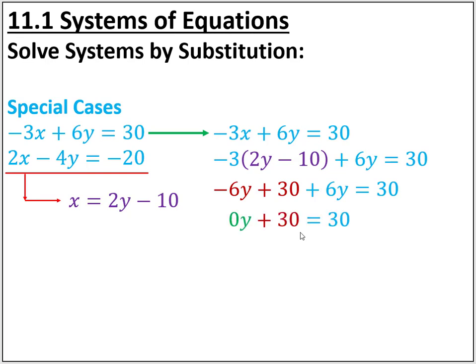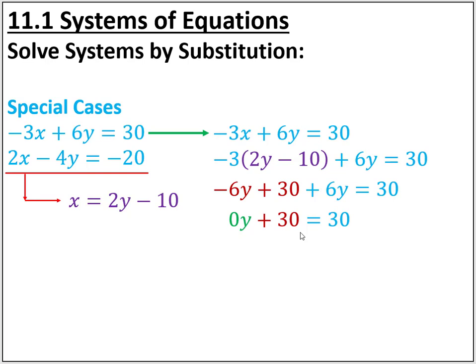That gets me 0y. Normally when something cancels out, you don't keep it when solving an equation. But here, I'm going to keep the 0y and use it to help explain the special cases. So I combine the y's, they cancel out, and I put 0y.